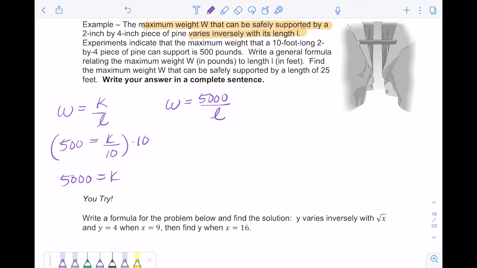So we want to know what's the maximum weight that can be safely supported. I'm looking for W, and I'm just going to divide 5,000 by 25. 5,000 divided by 25 gives me 200.